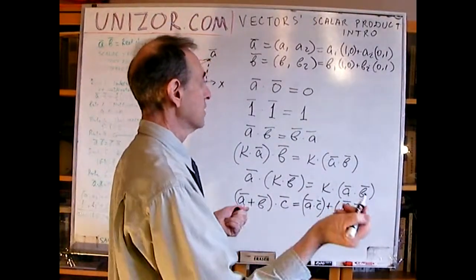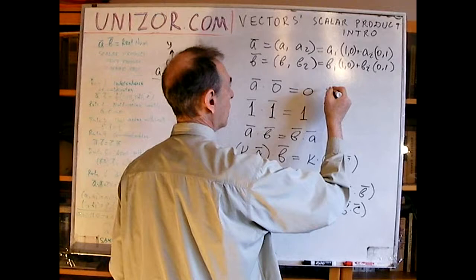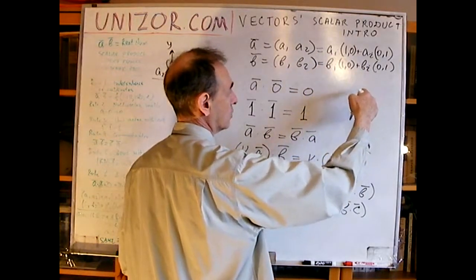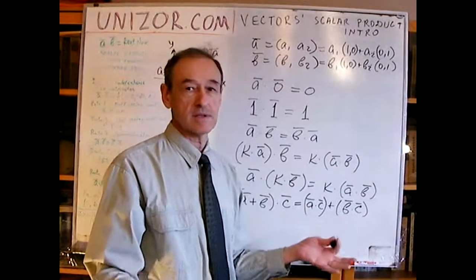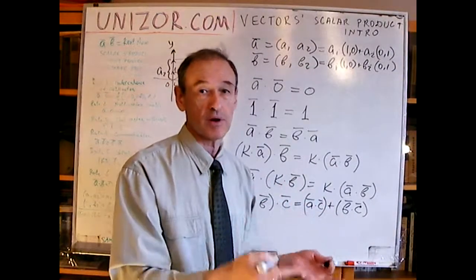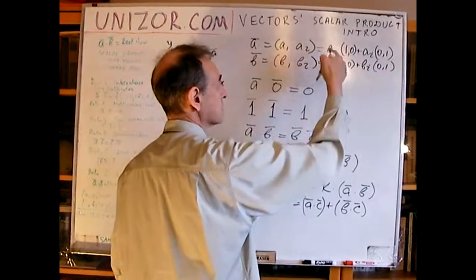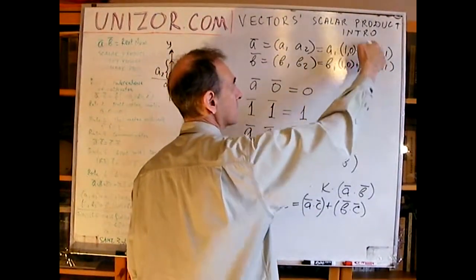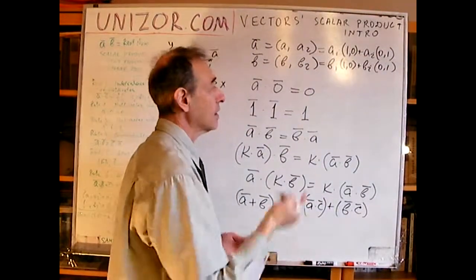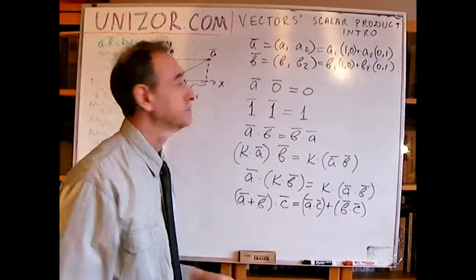Now, what will that be? Well, if you multiply these vectors, you basically open the parentheses in exactly the same way as when you multiply a sum of two numbers by a sum of two numbers. So it's first times first, first times second, second times first, and second times second, right? Because that's how you multiply using the distributive law.